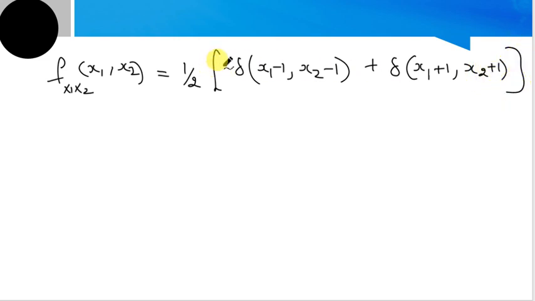This would be the joint density function, or in other words, this is our second order density.